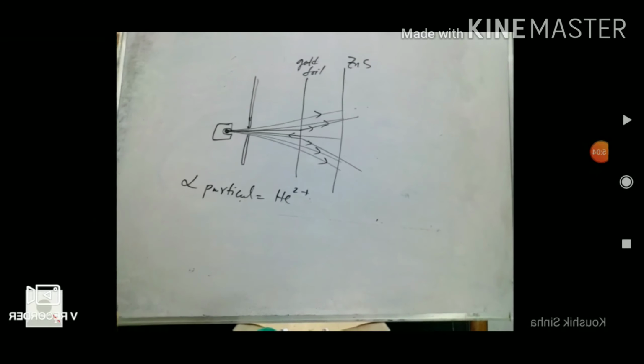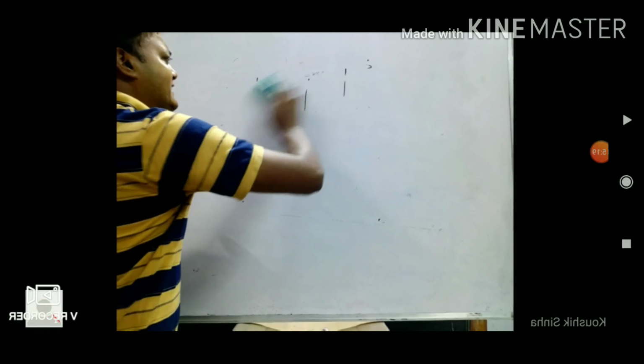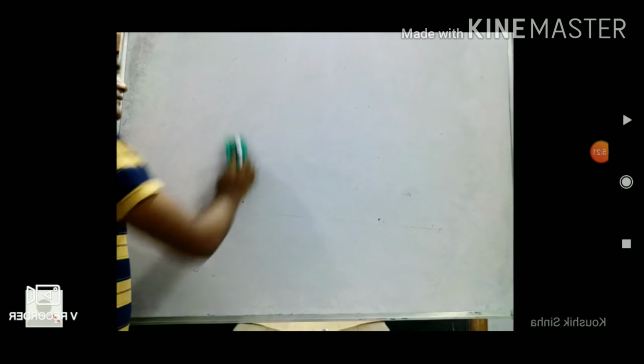Next, limitation. Main limitation, see, if any charged particle rotates around an oppositely charged particle, it continuously radiates energy.